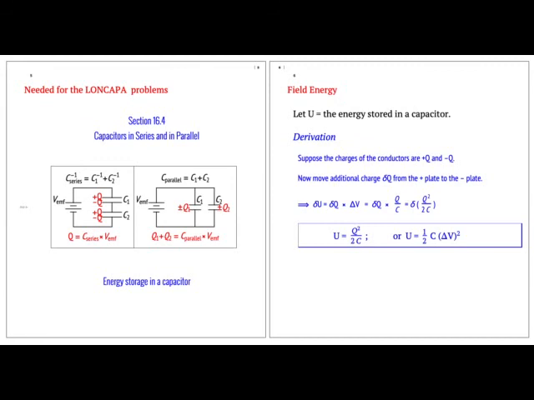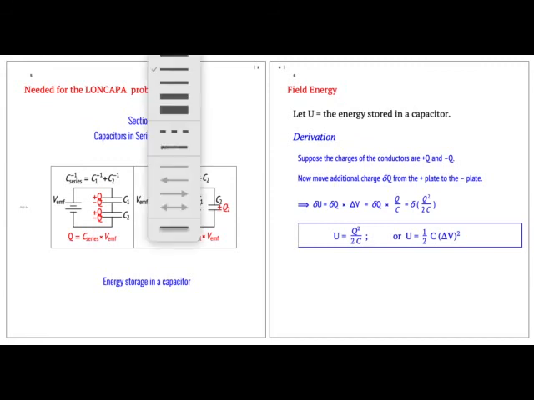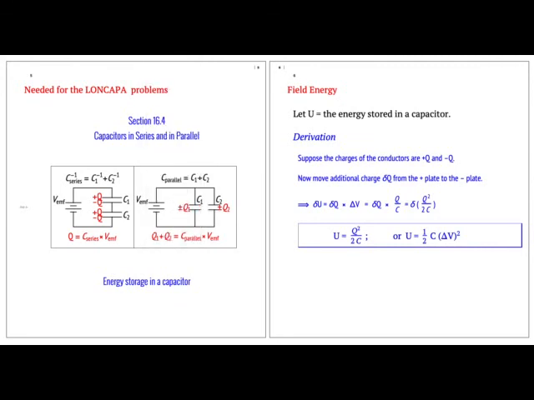We'll indicate a capacitor like this: it's got a plate with positive charge, here's Q, and a plate with negative charge, here's minus Q. That's a capacitor.